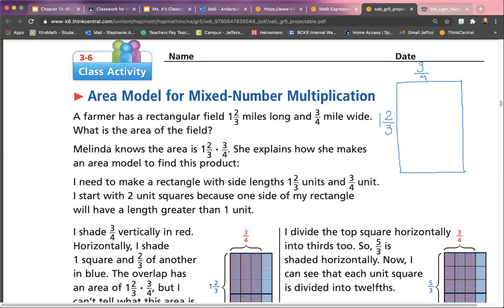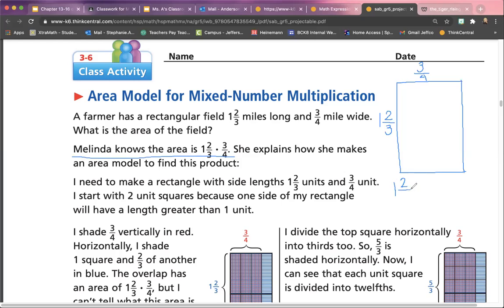What do we need to do? Somebody knows how to find area. Area is, and look, our friend Melinda knows, multiplication.